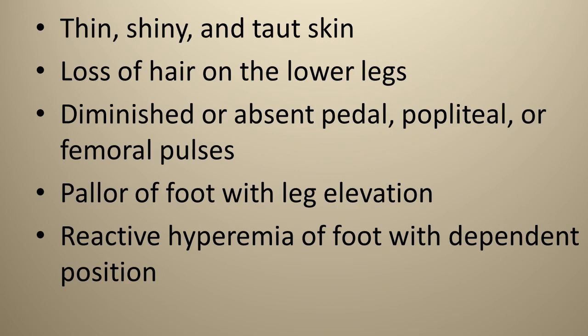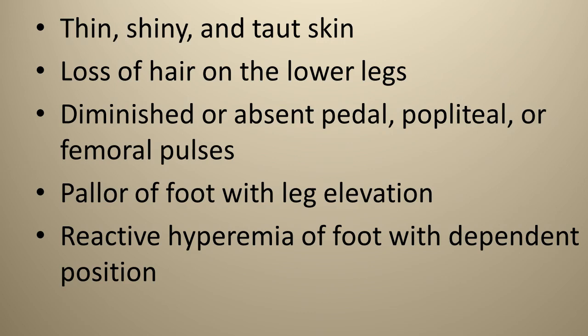It's really important that we continue to assess pulses, especially the posterior tibial. It's one of the most sensitive and specific indicators of arterial function. Also, with severe arterial disease, the extremity is going to be very cold to touch. Sometimes we can also see a little bit of cyanosis or darkening in the area.